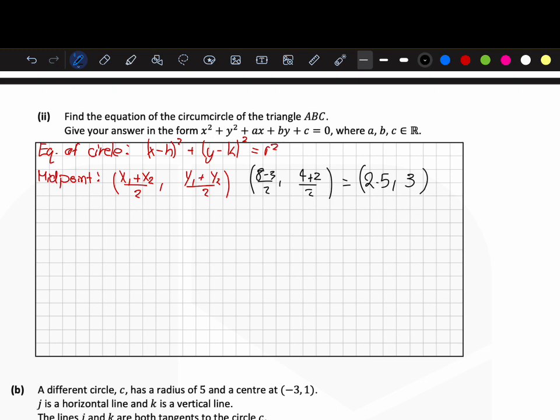Now we need to find my distance and divide by 2. So if I find the length of AC, well, this is just going to be the square root of (x2 − x1)² + (y2 − y1)².